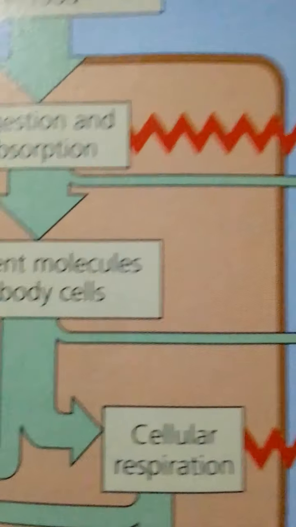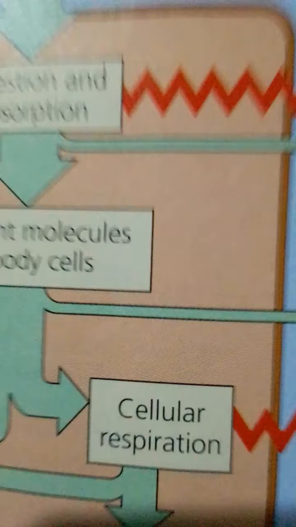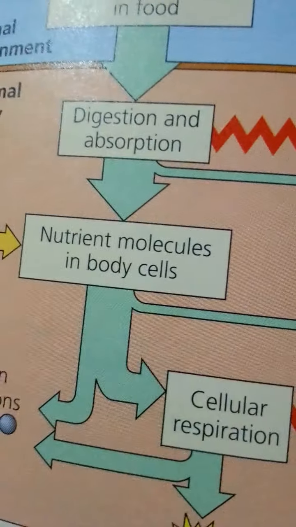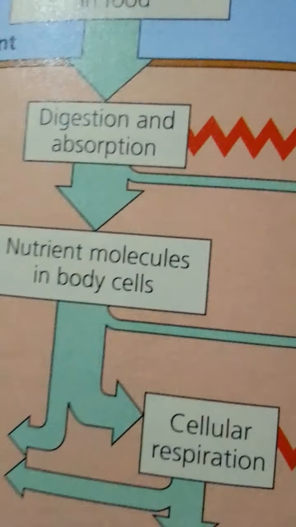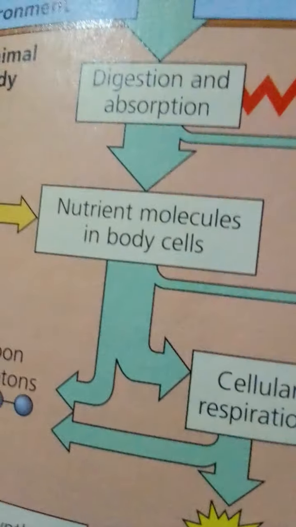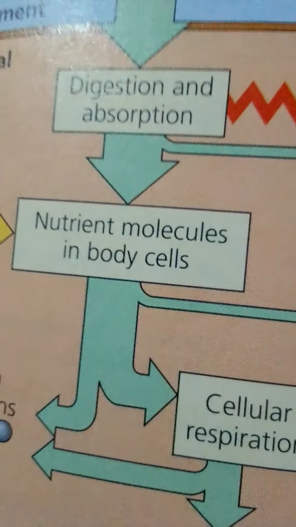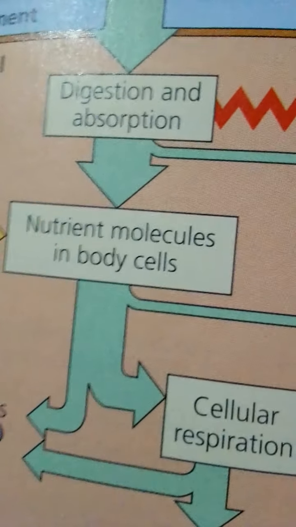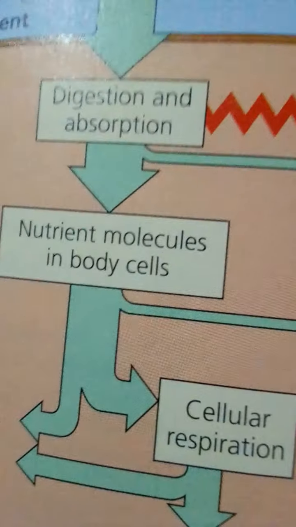Animals harvest chemical energy from the food they eat. Food is digested by enzymatic hydrolysis, and energy-containing molecules are absorbed by body cells. Once absorbed, these energy-containing molecules have several possible fates. Most are used to generate ATP by the catabolic process of cellular respiration and fermentation.